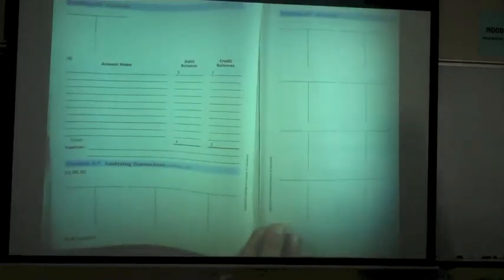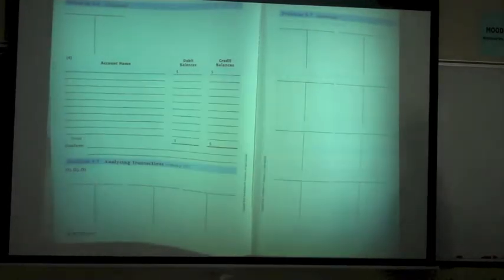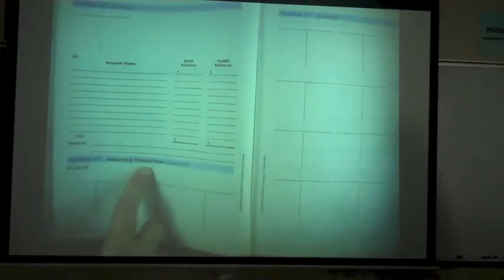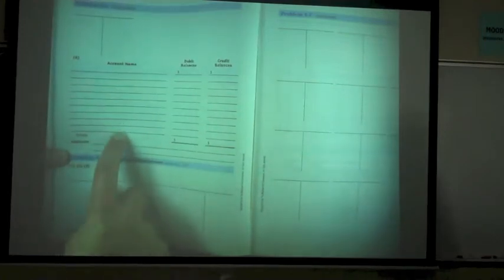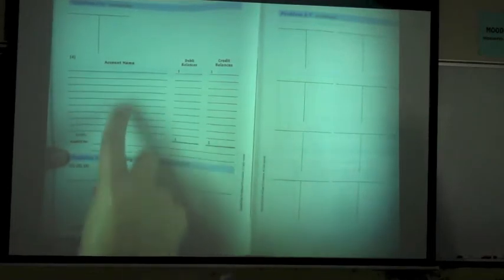On pages 45 and 46, you were recording the transactions in the T accounts, and you should still be calculating the normal balance within the T account. But now, instead of just creating a separate sheet of paper, they've given you a space here to test the debits and credits. You're actually going to write every account name. So go through the chart of accounts and write all the account names starting with cash and ending with your last expense. And then you're going to record the normal balance on its normal balance side.